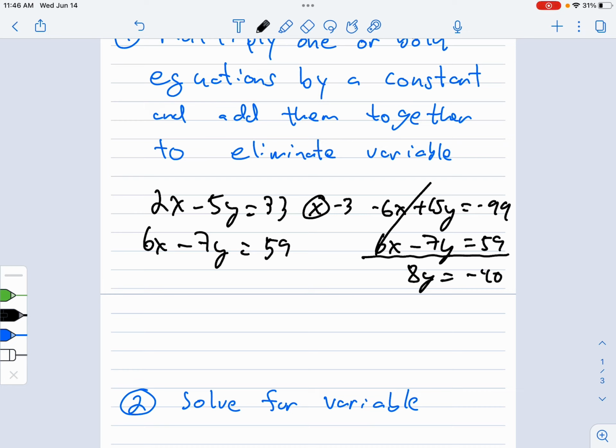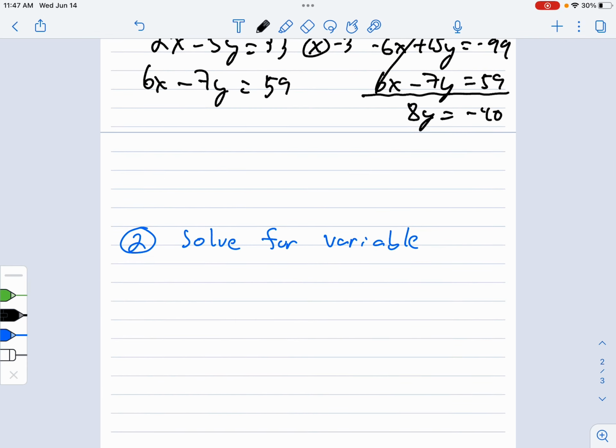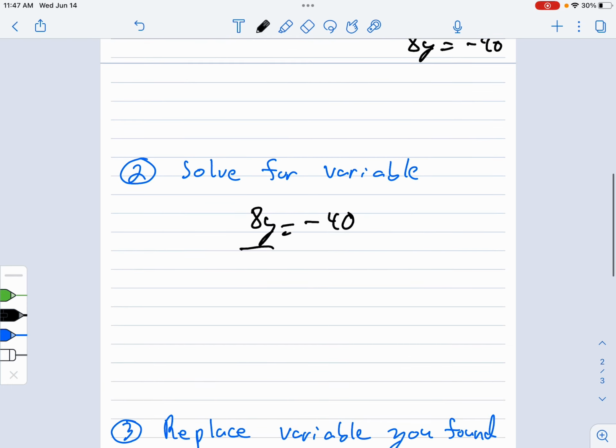I'll go into what you could do for the y's in a second. So you get an equation with a single variable, 8y equals minus 40, and you divide by 8 to solve it. That's step 2: solve the equation you have left in one variable.